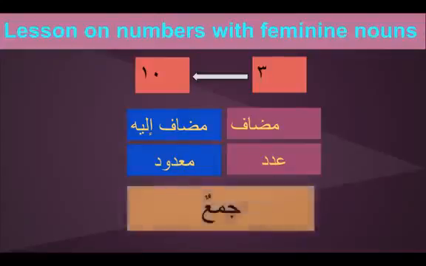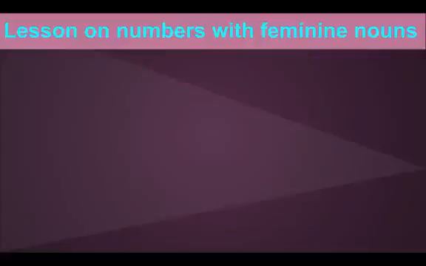In both cases, the noun which is used will be a plural noun. From 3 till 10 it will be a plural noun. It's very important to remember, because things will change from 11.